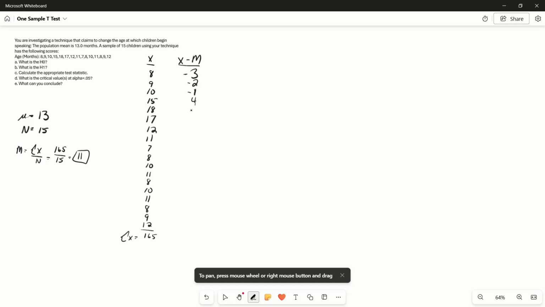That's 4. Subtracting 11 from each of these to get the difference scores, deviation scores.